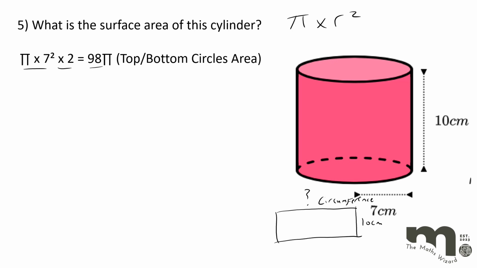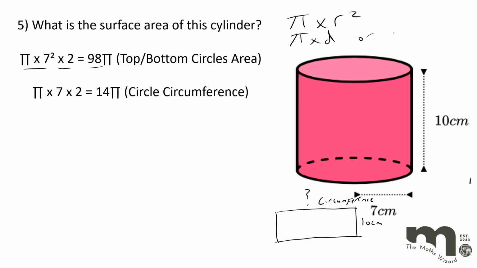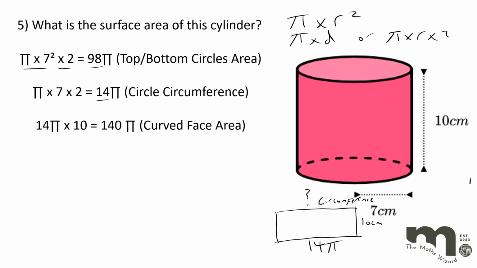So it's this curvy bit around the edge of the circle at the top and the bottom there. So remember, the circumference of a circle is pi times the diameter, or pi times the radius times 2, which is what I've done here, because we know the radius is 7. Now that gives you 14 pi, so that's the circumference of the circle. So that's this bit. If we times that by 10, that then tells us the curved face area.